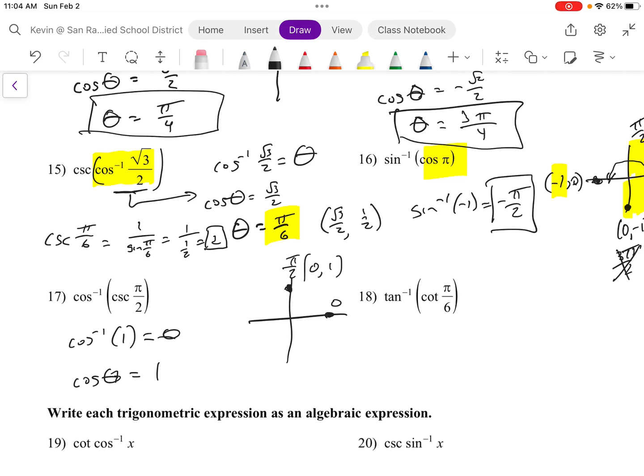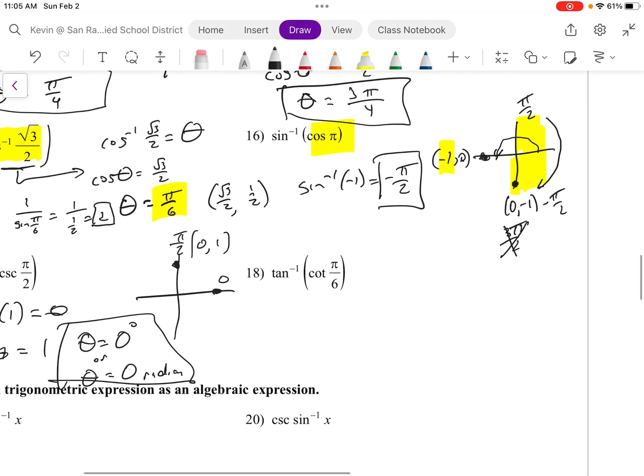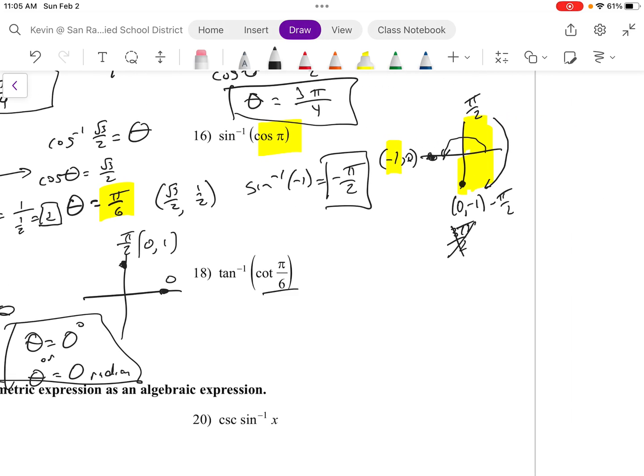So cosine of what angle equals 1? Well, it would be right here. It would be 0 angle. So theta equals 0 degrees, or theta equals 0 radians.